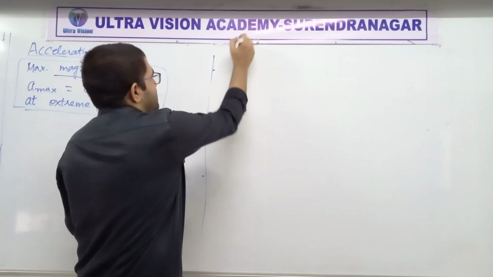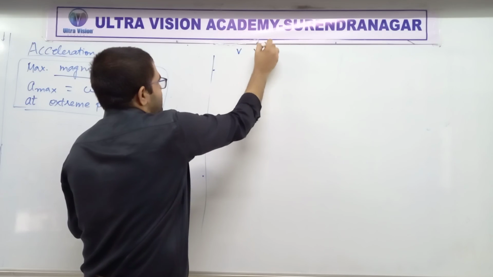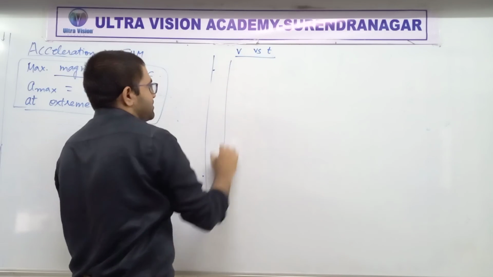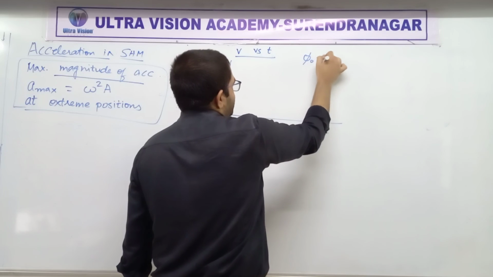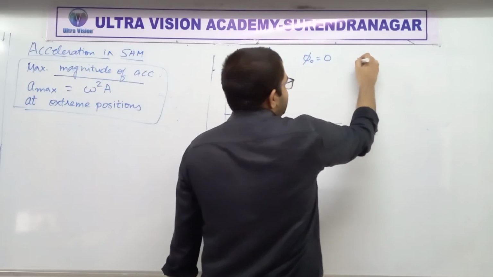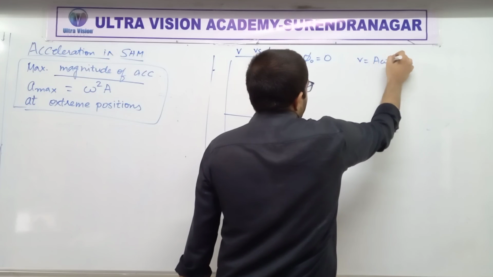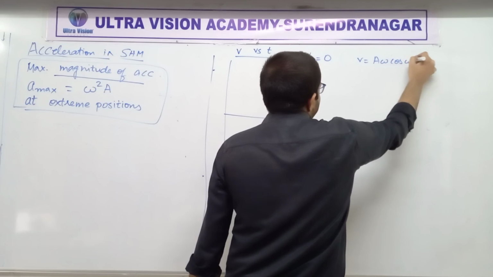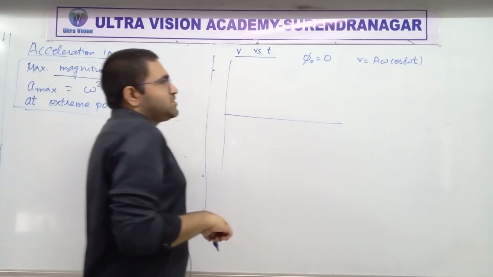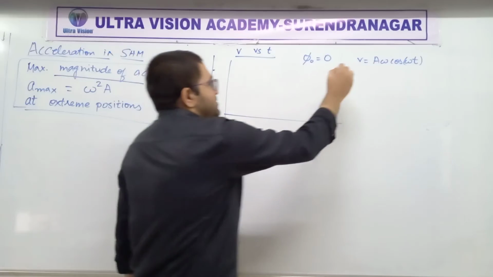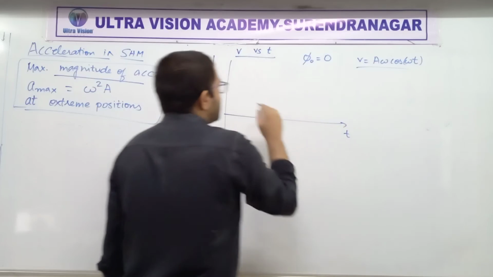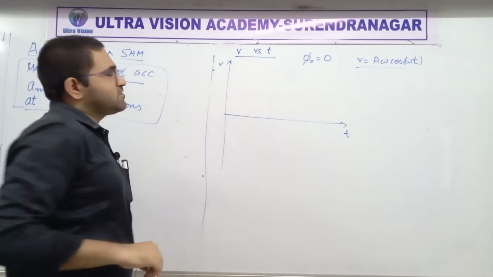So first of all, graph of V versus T. And I am doing this again for phi 0 equal to 0. So V is equal to A omega cos omega T. Understood? What happened to phi 0? It's 0. Right?